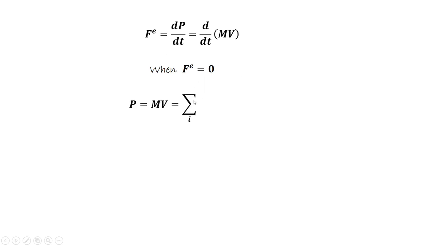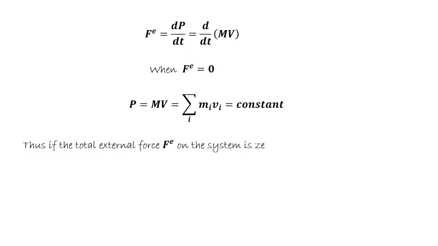So from that information, what we understand is that the external force is the rate of change of momentum, which is nothing but d(mv)/dt. When this external force equals 0, then momentum is equal to constant. Thus, if the total external force on a system is 0, its total linear momentum is a constant of motion.